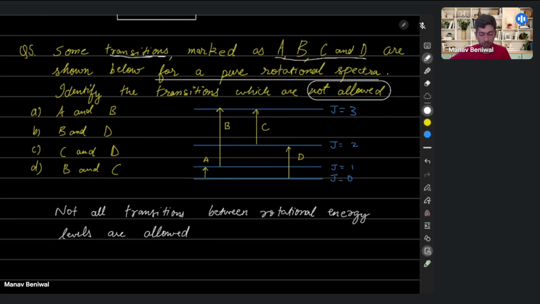Not all of them are allowed, and selection rules dictate which can occur. And this is decided by the selection rule.